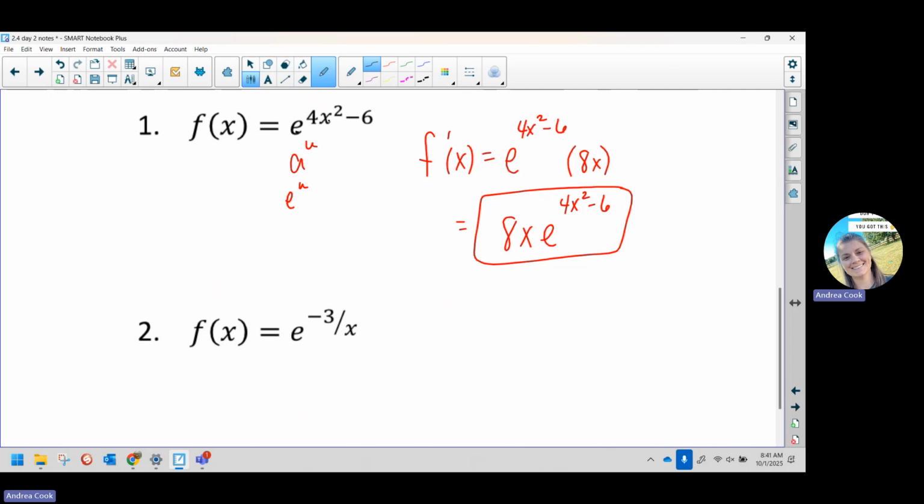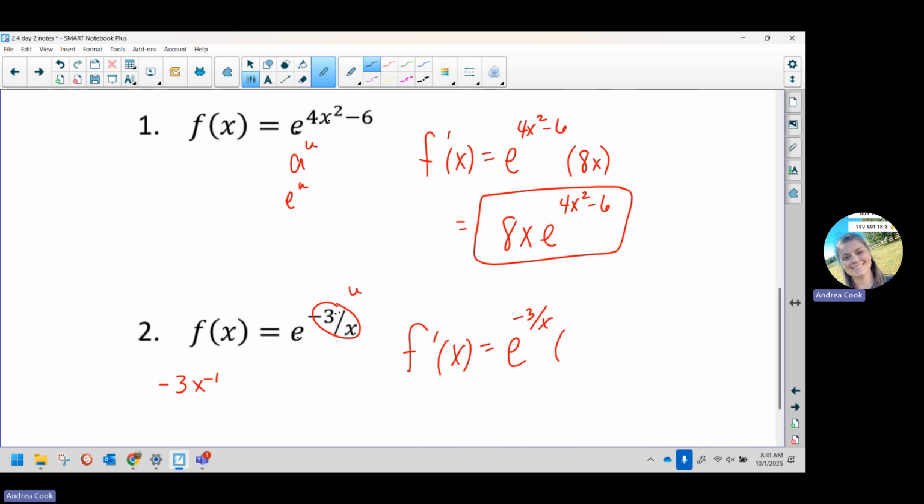So here's another one. We've got a number on the bottom, and a variable is the power. So this is my u. I take my derivative. It goes to e to the u, so I just copy the same thing down again. Times, I have to do the derivative of the power. A really quick side note: you do not have to call that a quotient rule.